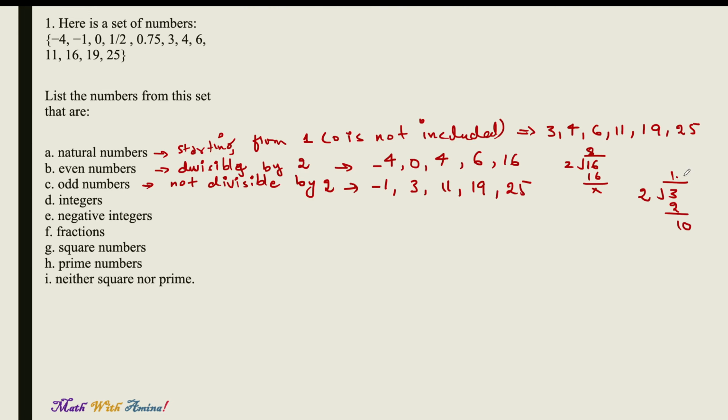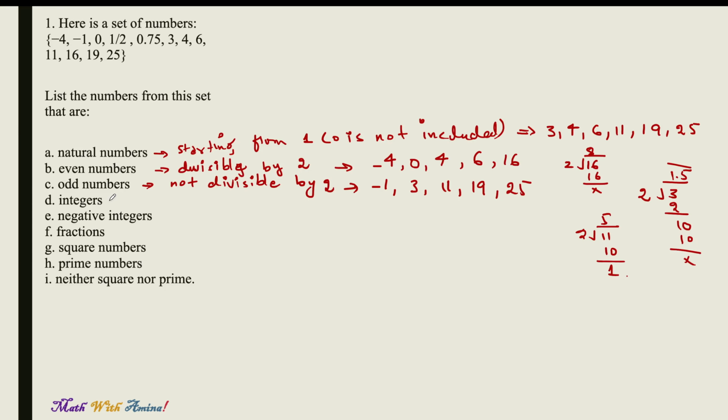So you see, it's not giving us a whole number when we are dividing it, so it is not completely divisible by 2. Therefore they are all odd numbers. Or if we take the example of 11 divided by 2, 2 into 5 is equal to 10, and then there will be 1 as a remainder.